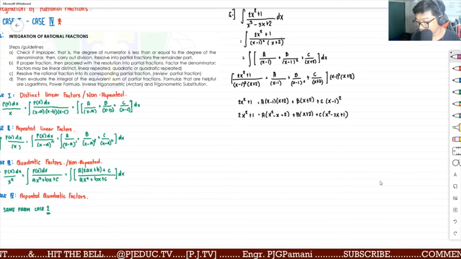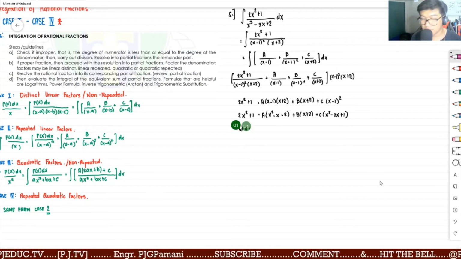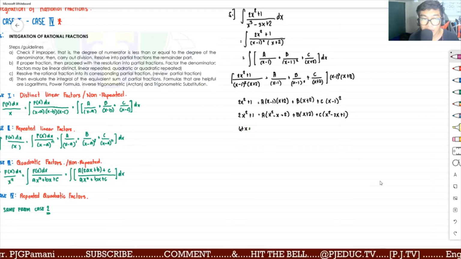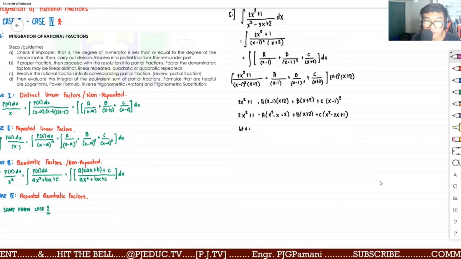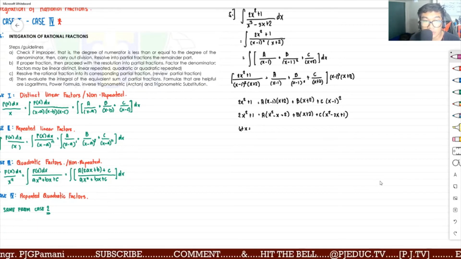Using the first method, let us substitute a value of x that will eventually turn A, B, or C equal to 0. Anong value ni x na pwede nating gamitin to make either A, B, or C 0 or to cancel out any of those variables?